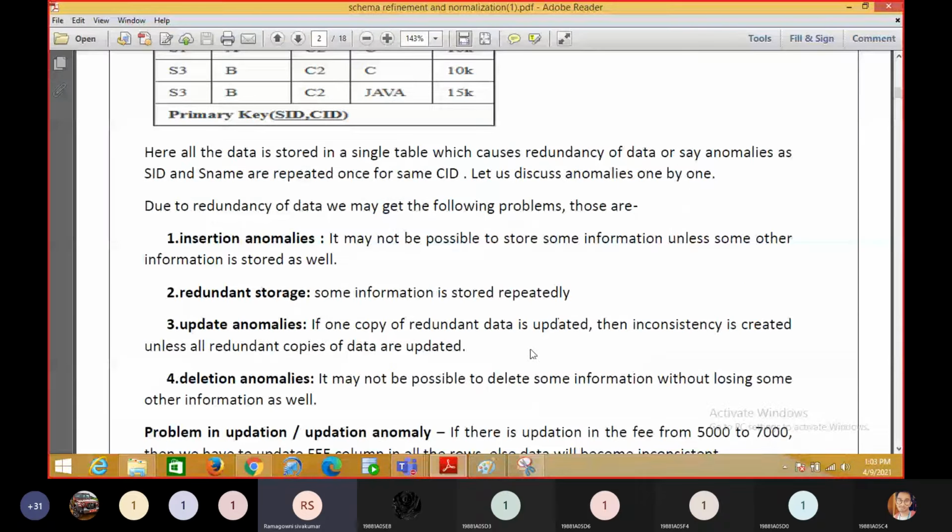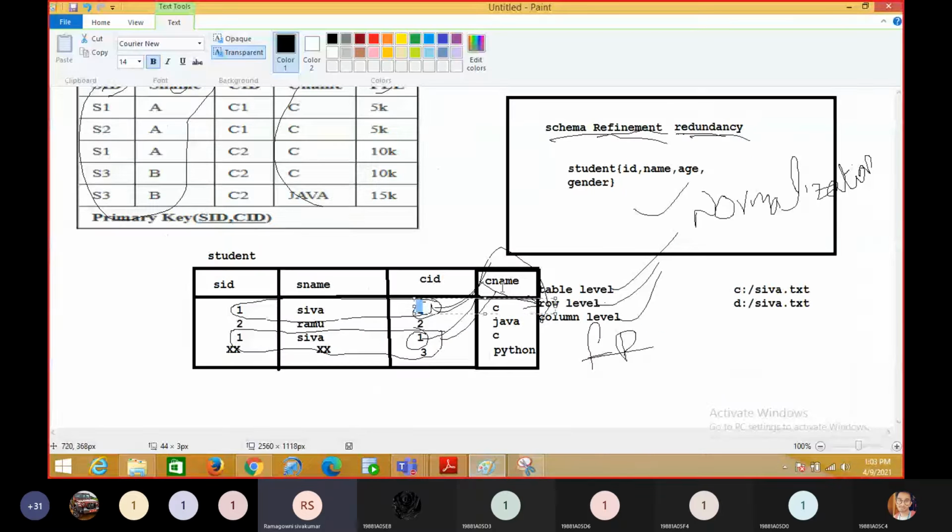Inconsistency is created unless all the redundant copies of data are updated. If you are updating the C value, wherever C appears, that data should also be updated. If it is not updated, that is the update problem.